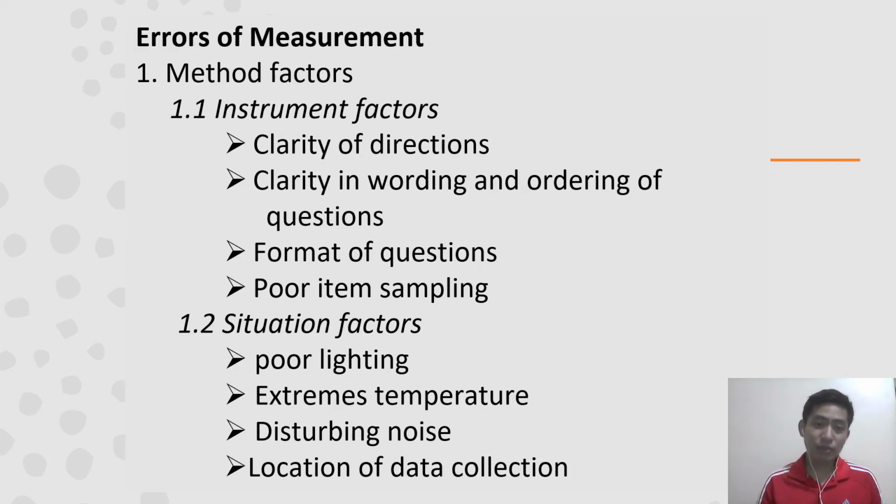Extreme temperature, disturbing noise, and location of data collection are applicable to qualitative research. It's more of an interview. If the respondent is not relaxed, not at ease, it will affect the results and the response of your informants.